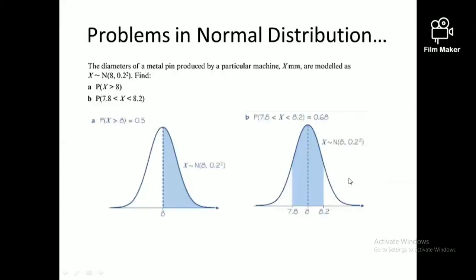As a decimal, that is 0.68. You have to understand that the gap of 0.2 is exactly one standard deviation from the mean towards the positive side and towards the negative side. So 0.68 probability, or 68% of the information, lies here. Therefore this answer is 0.68.